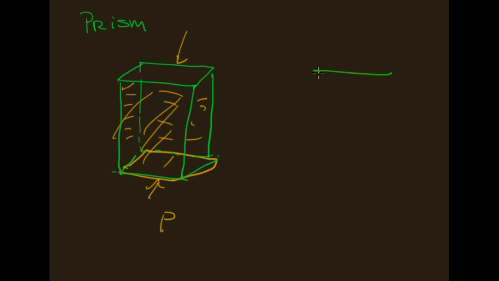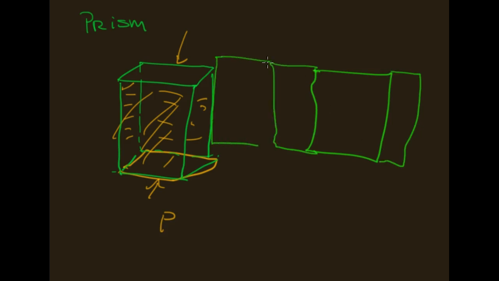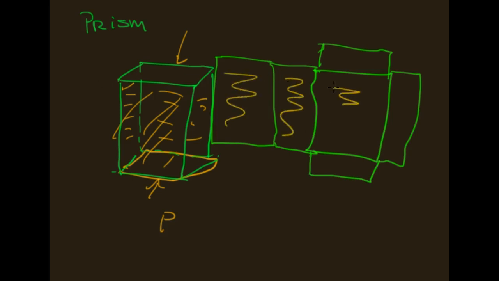This would look like that's the back, the side, the other side, the front, the top, and the bottom, right? So the lateral area is this plus this plus this plus this, right?